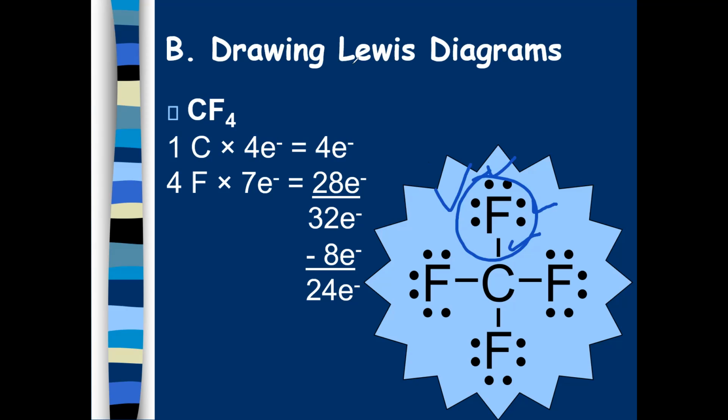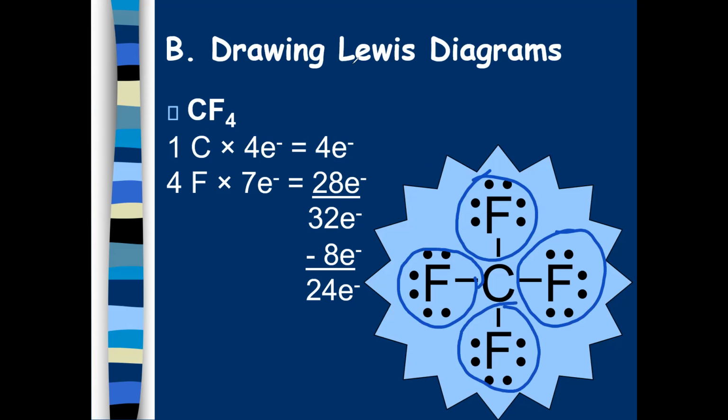So every one of these is satisfied. It's an octet, so far, every one of these fluorines. What about carbon? Let's do red for carbon. Carbon has these electrons around itself. You see that? That means you have 2, 4, 6, 8 electrons around carbon also. So we're good. We're done. We have finished the Lewis structure.